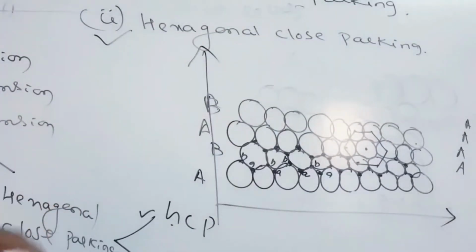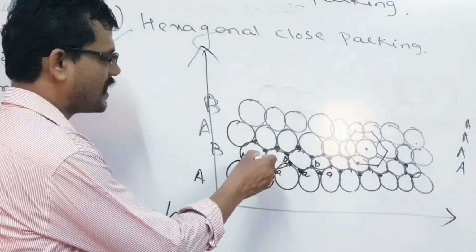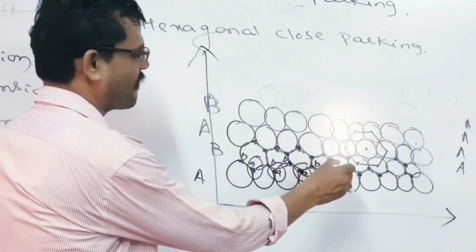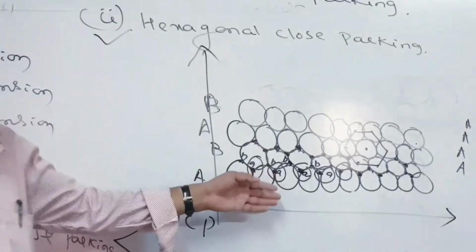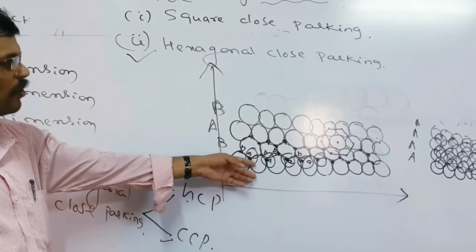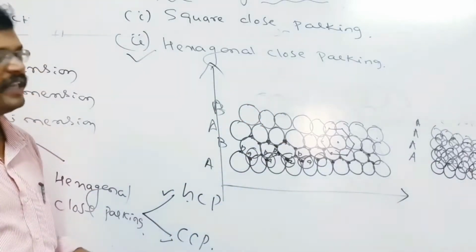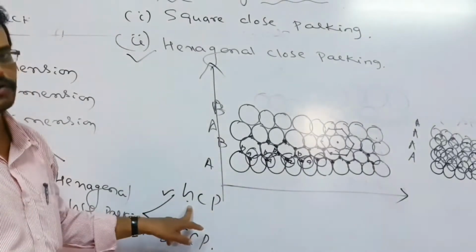Whenever we keep the third layer above it, the third layer will be placed in the voids. In the voids of A, the third layer will be placed. When the third layer is placed in the voids of A, the structure that comes is what we call hexagonal close packing.